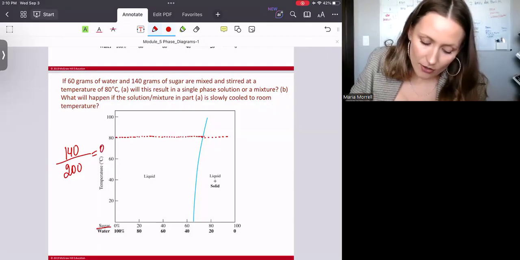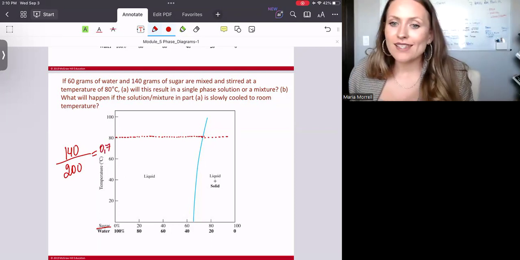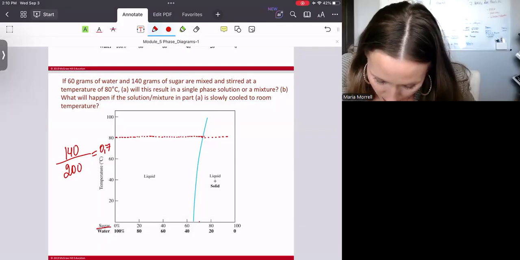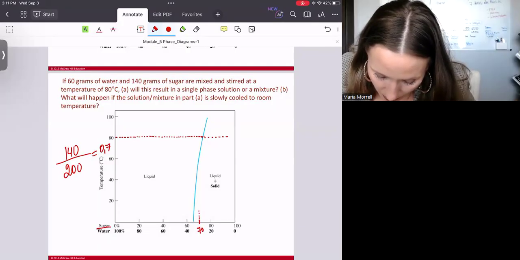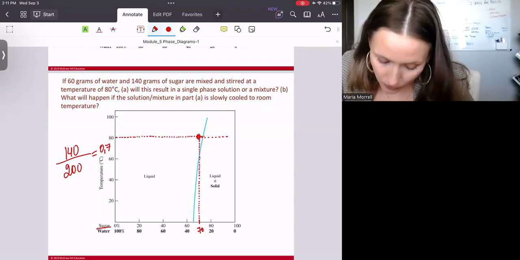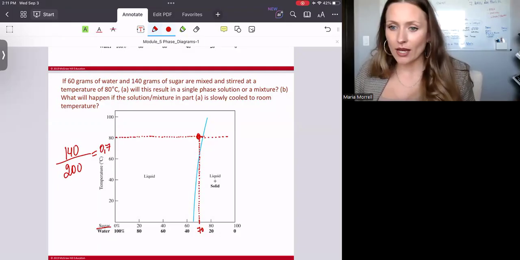I could have done it in my head. 0.7, or 70% sugar. So I am somewhere in here. This is going to be my 70, and this is going to be challenging, and the answer will truly differ depending on how stable your hand is.